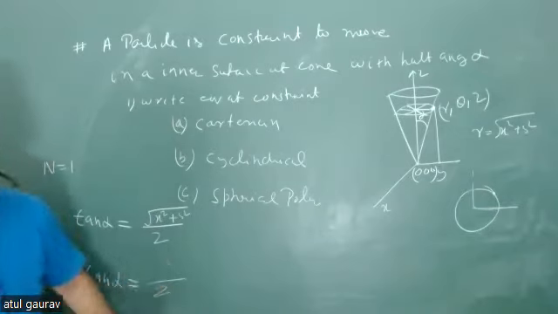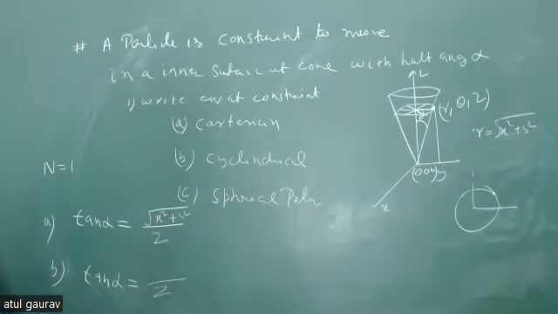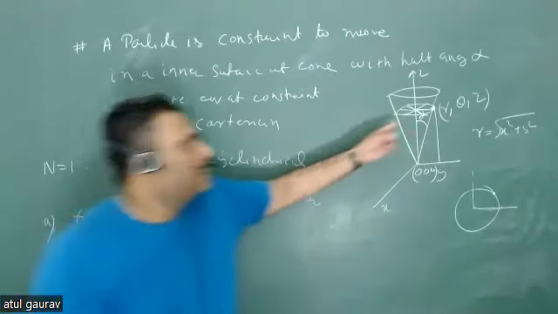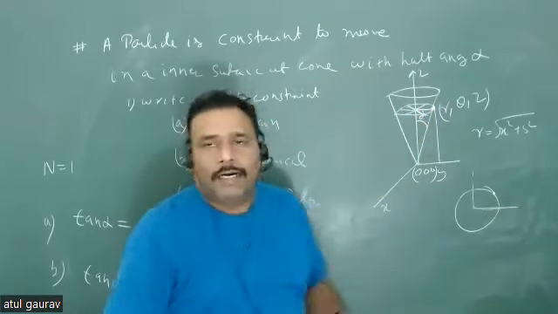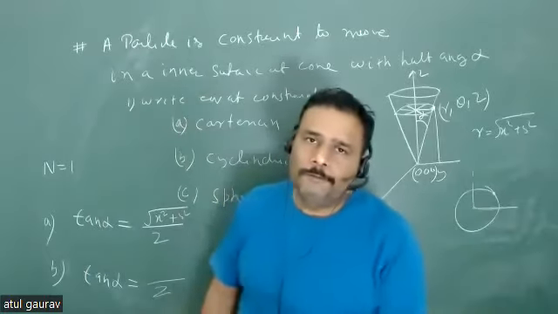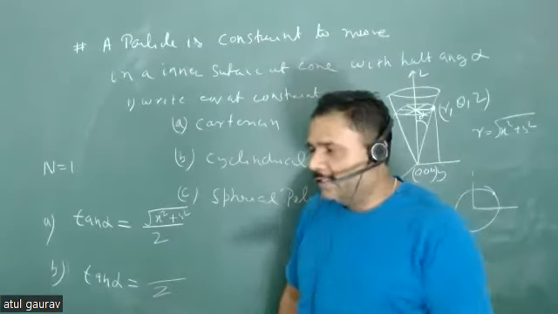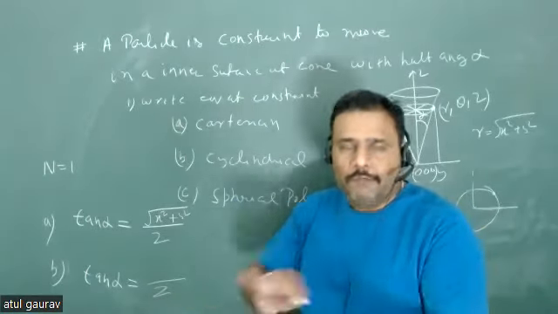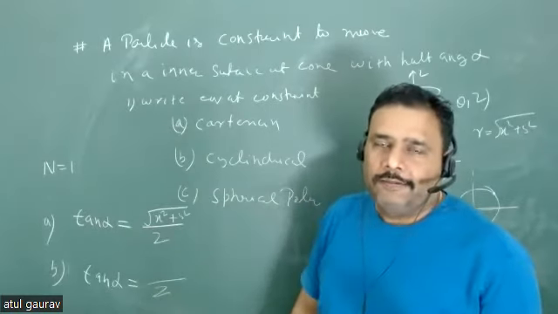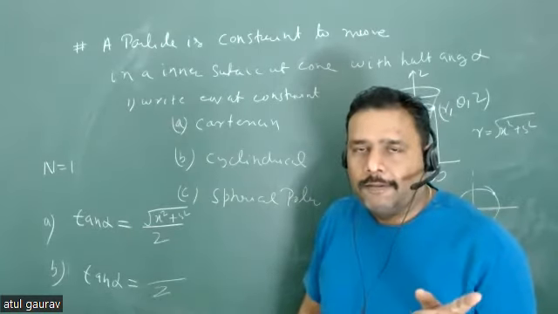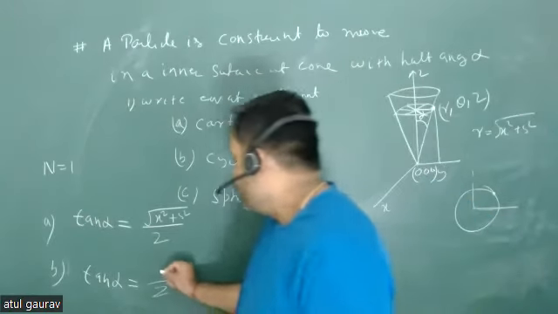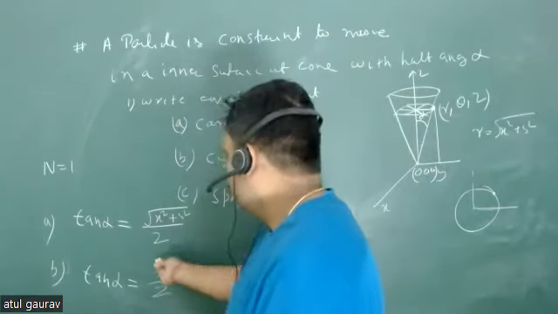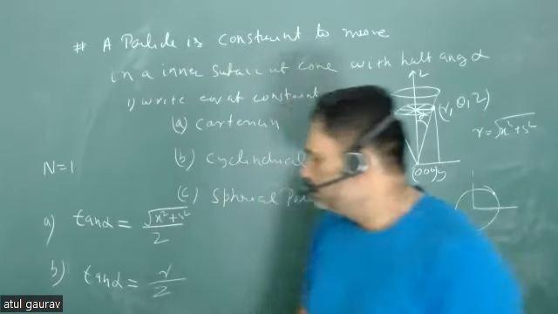And what is R here? R is the same distance, isn't it? This is your R. Where did you measure R from? This is nothing but the radius of the circle in which it was moving, in a cylindrical coordinate, remember? So that is your R. R by Z. This is your cylindrical coordinate.